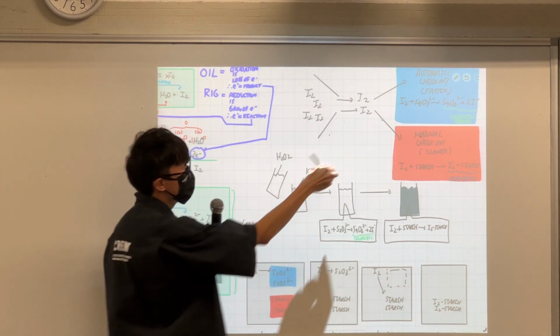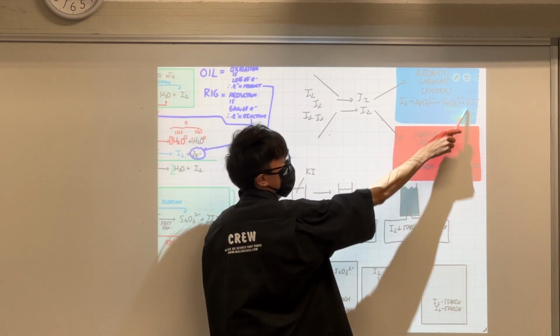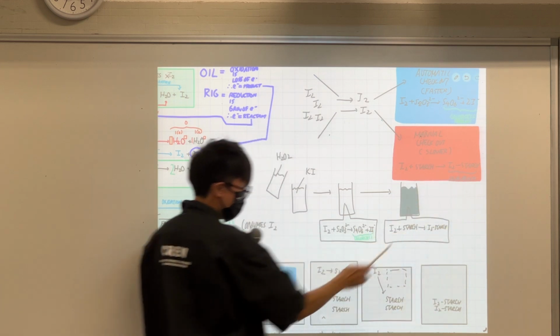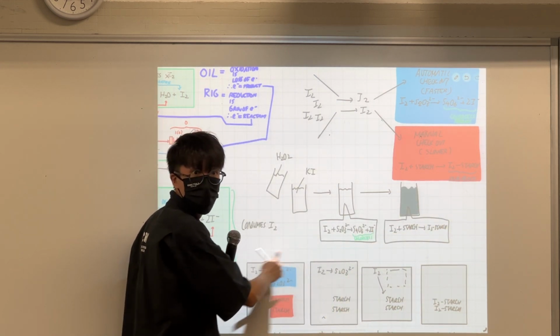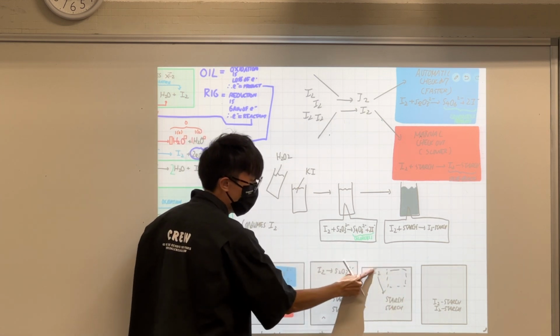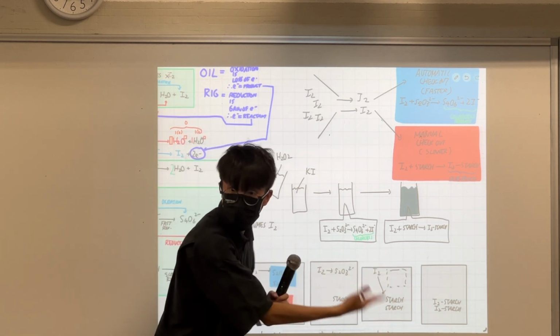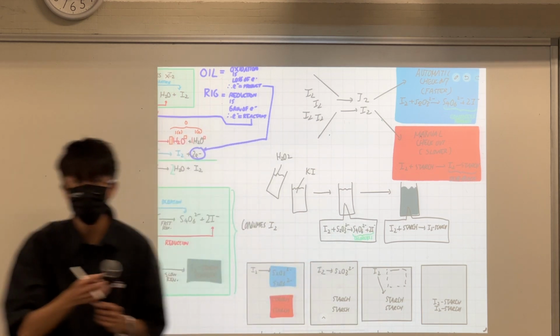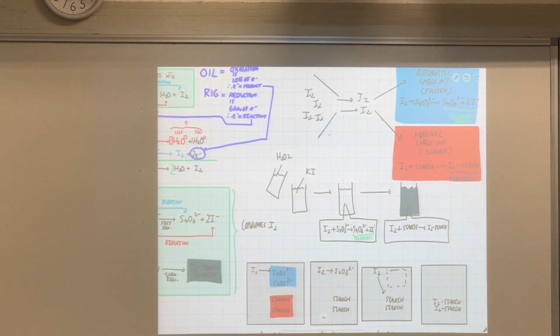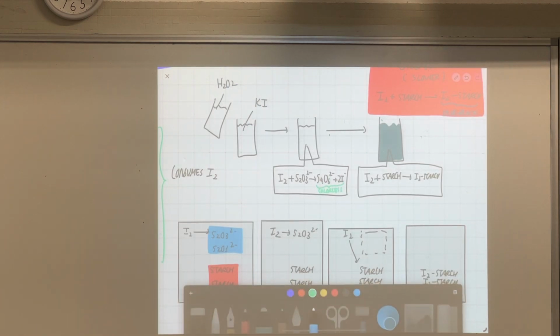Because these products are colorless, but this one is blue-black, that means up to this point, the mixture will still be colorless. But by the time the iodine suddenly reacts with starch, it will suddenly turn blue-black. So do you get a better understanding of this reaction now? Yes. Okay, so can you put down the reaction up to which point will be colorless?